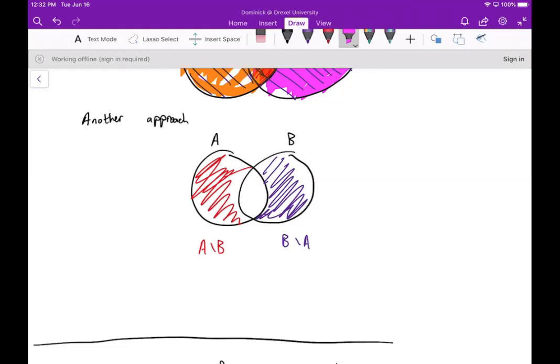In this middle part. That's where we have A intersect B.